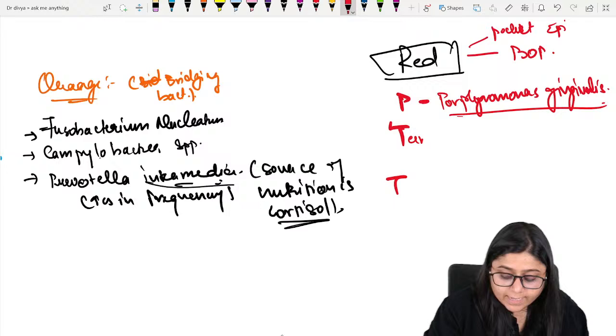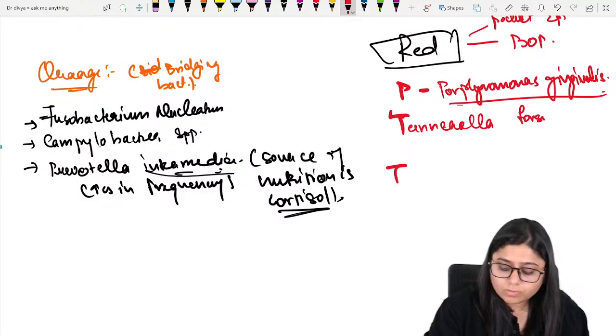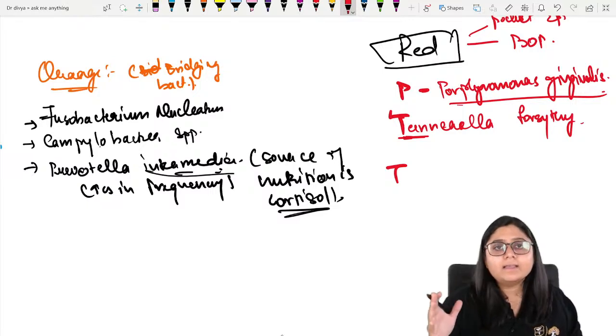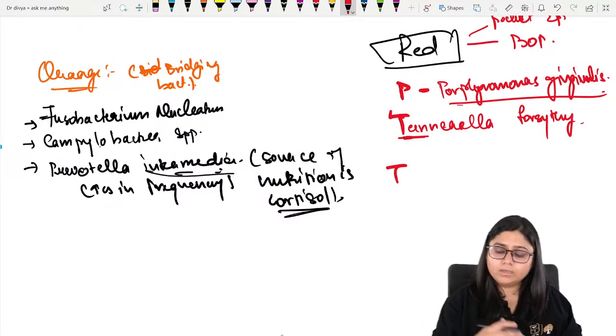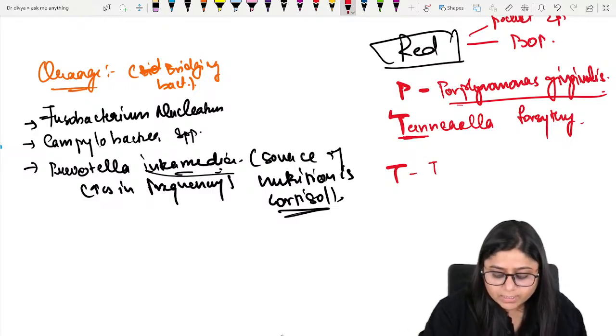Then there is Tannerella forsythus. How will you remember Tannerella? Tanning means redness, burning, right? Redness. So this is how you can remember Tannerella forsythus. Then is Treponema denticola.